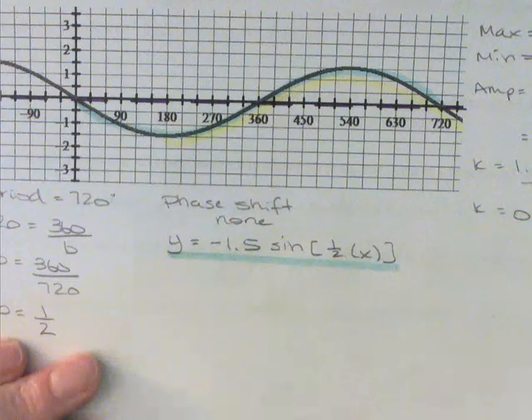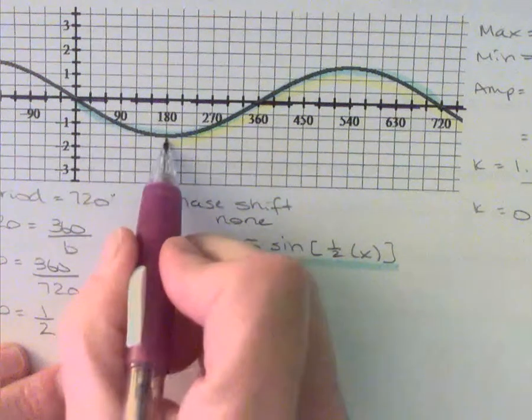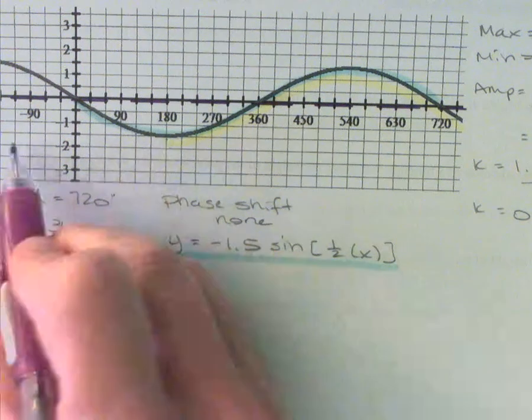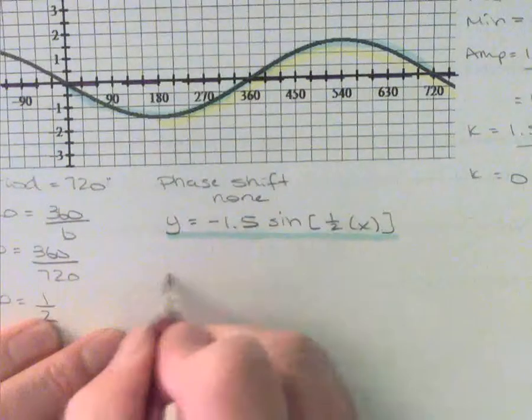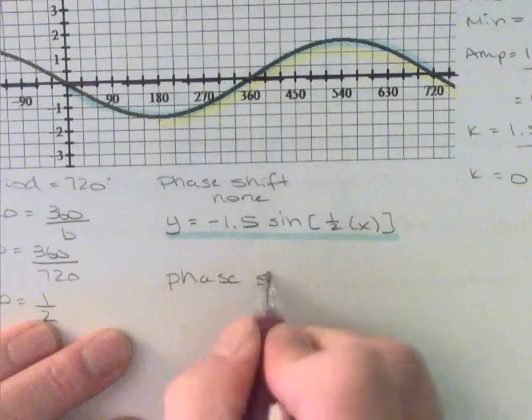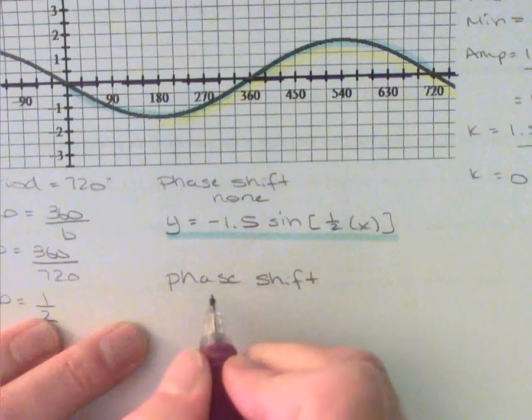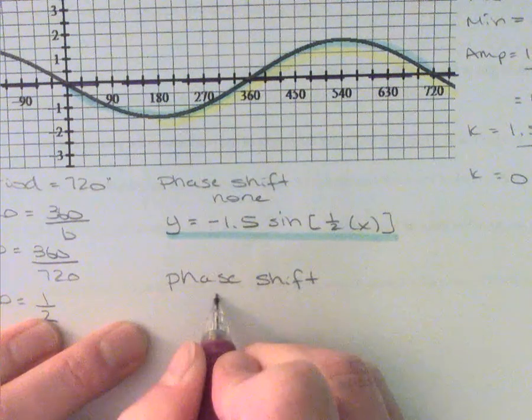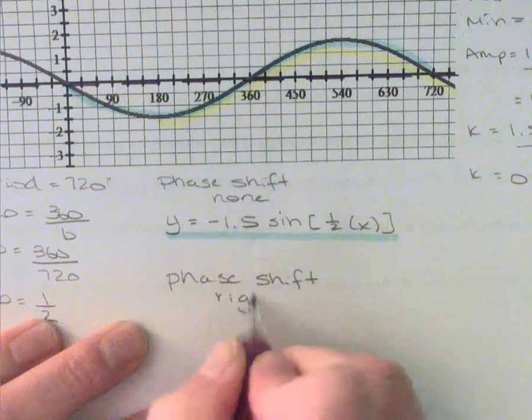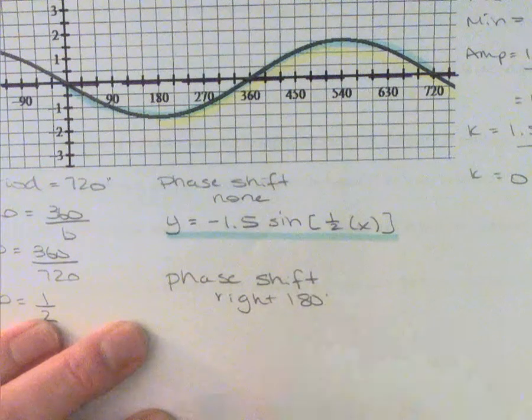So say I wanted to do a cosine graph and I wanted to start here. Could have started over on the left. I did not. So I want to say a phase shift. And in this case, I'm going to say the phase shift is to the right 180 degrees.